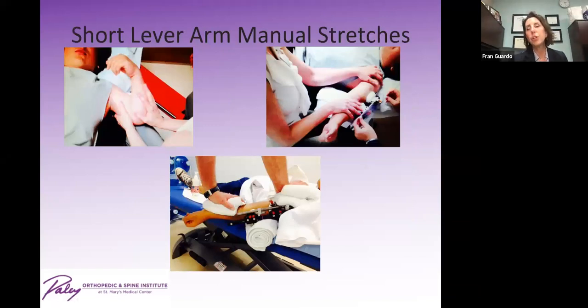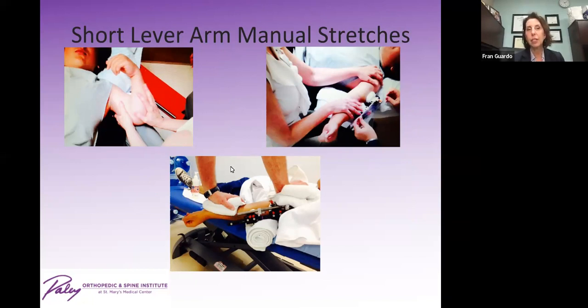It's important when you're stretching any patient that's lengthening, whether it's an upper extremity lengthening or a lower extremity lengthening, that you use short lever arms. So you want your hands as close to the joint as you can get them so that the force is not going through the bone, but you're really getting the soft tissue, and you want to minimize the amount of force that you're putting through the bone.